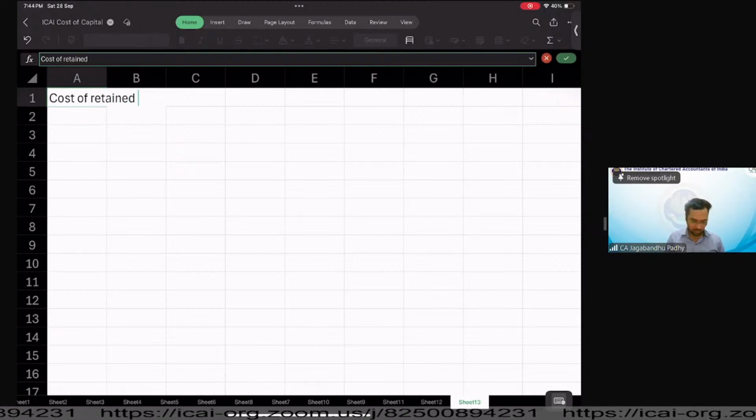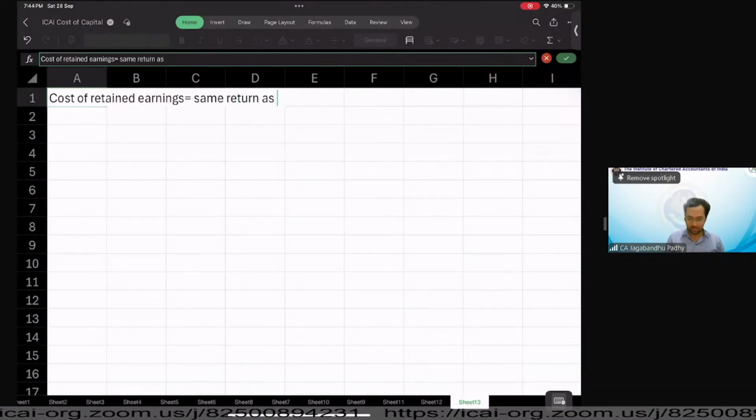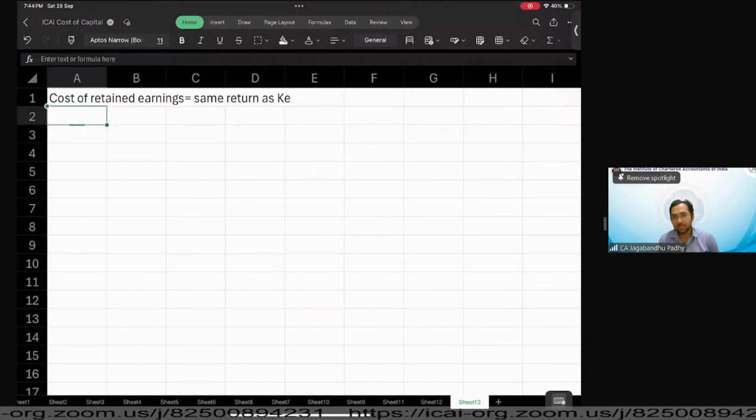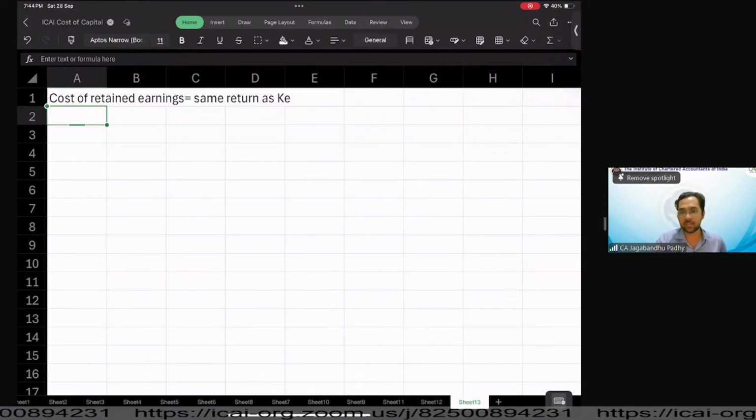Can I say I'm going to definitely expect the same return as KE? Whatever is the KE, the rate at which I would have given the money to the company as an equity shareholder in the form of share capital, that same return is what I would be expecting from the reserves.